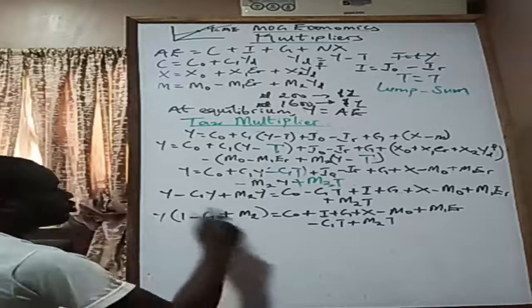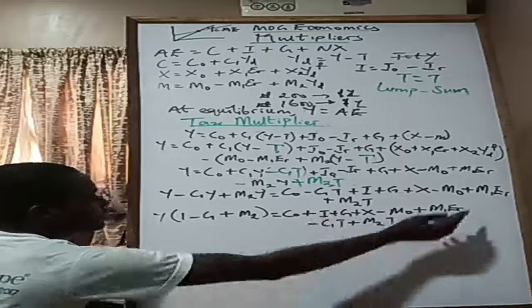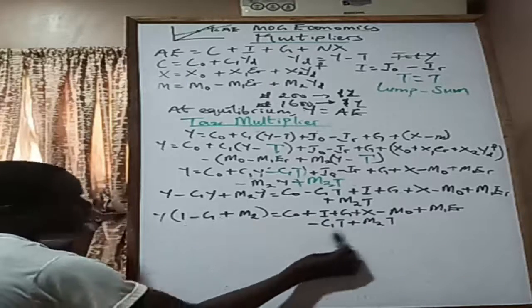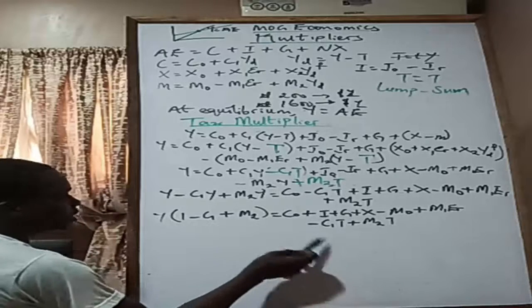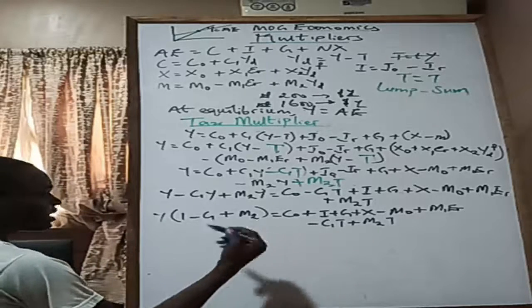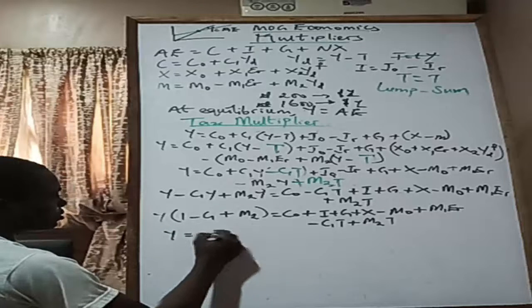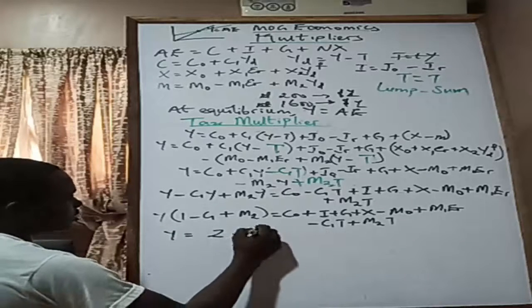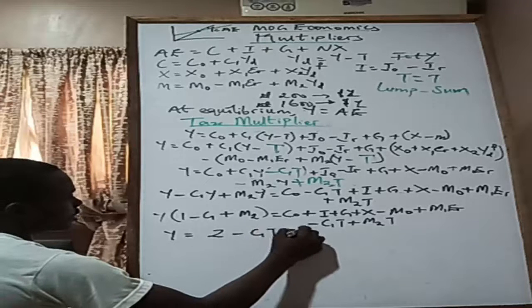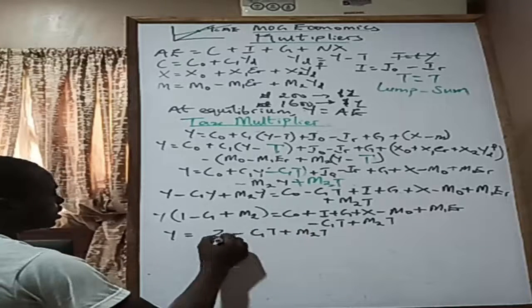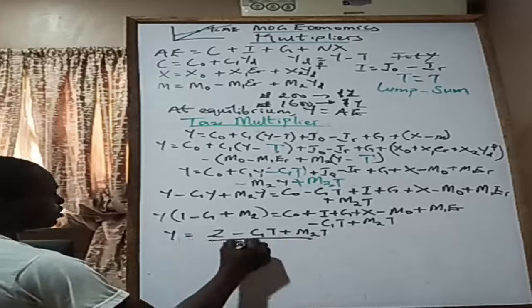More or less I'll make the remaining parts, apart from this one that has the lump sum tax, become a constant like I said. So Y now equals z, then minus c1t plus m2t, now divided by 1 minus c1 plus m2.